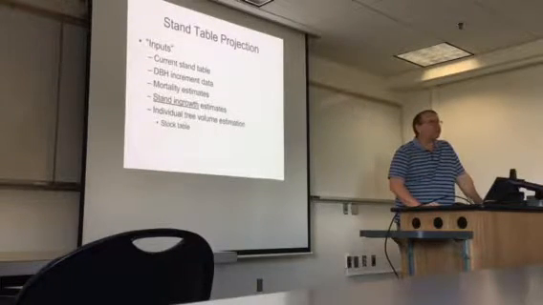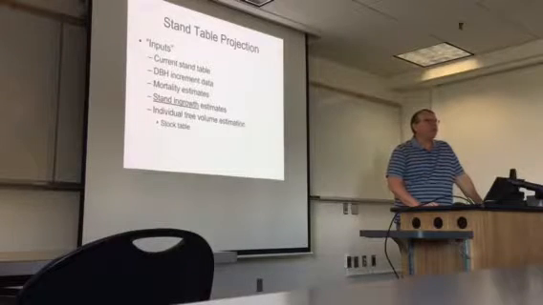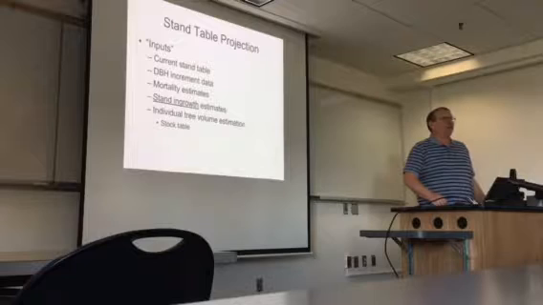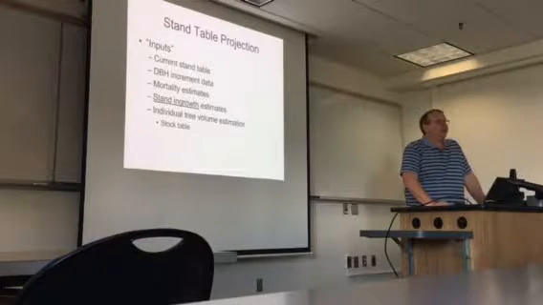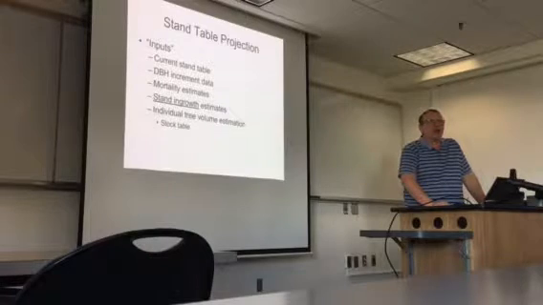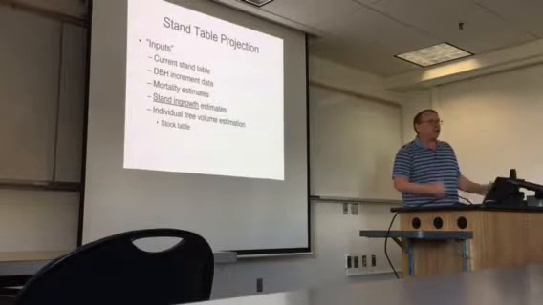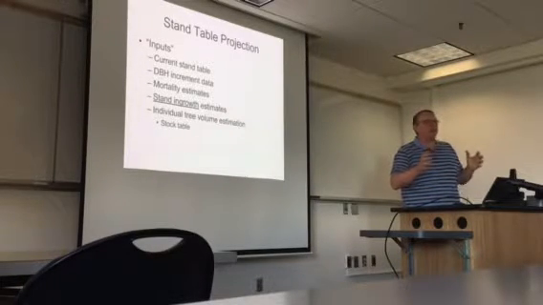So inputs, what do we start out with? Well, if we're going to project a stand table, we need to start with a stand table. What's a stand table again? Trees per acre by species and DBH. Exactly. So that's how we're going to establish, here's what the stand looks like now.